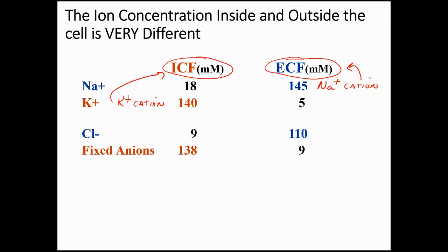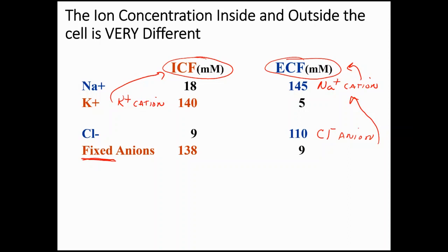All right. When it comes to anions, obviously there have to be anions outside the cell, and the major anion outside the cell is going to be the chloride ion. We have some chloride on the inside of the cell, but you can see a dramatic difference in concentration, correct? And then if we ask who are the major anions inside the cell, we say there are fixed ions inside the cell.